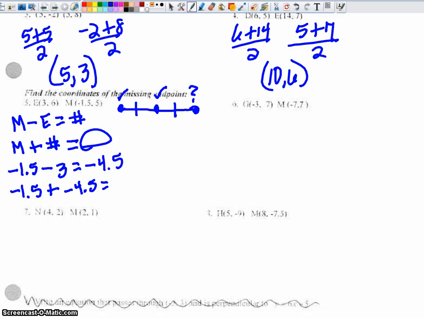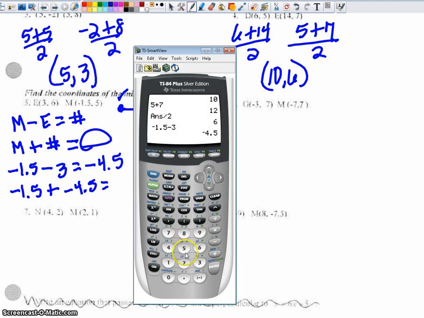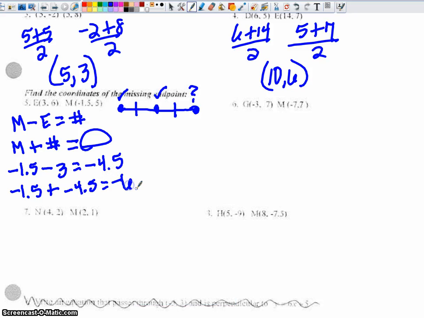I know I don't normally like double signs. Just work with it today. It'll be okay. Negative 1.5 plus a negative 4.5 gives you a negative 6. Okay, so the x value of this missing point is a negative 6.